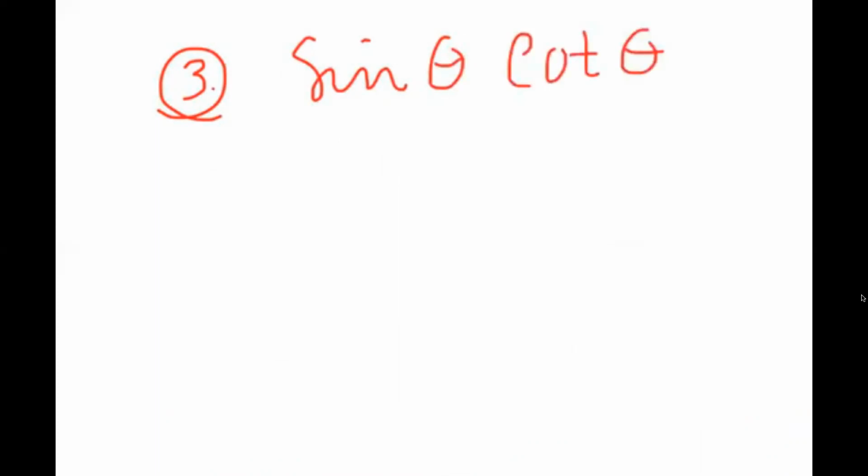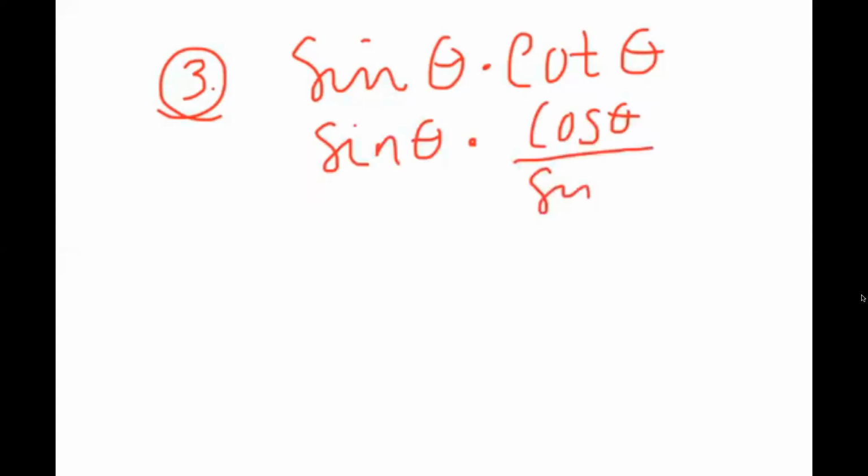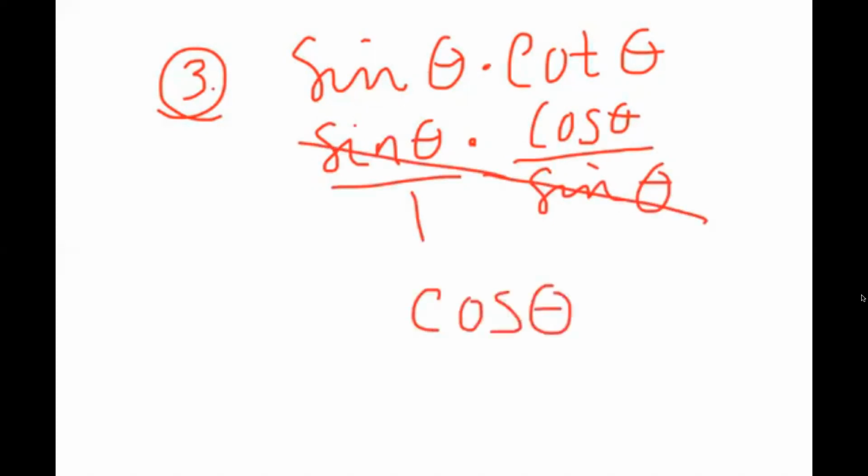So on this one right here, we have sine theta times cotangent theta. Again, break up the more complicated part. What's the complicated part? Cotangent theta. What's the ratio for cotangent theta? Cosine theta over sine theta. Guys, you're just multiplying two fractions, cross multiply it out, and what are you left with? Cosine theta. Yes, just like that, you're done simplifying the problem. Think about simplifying fractions.